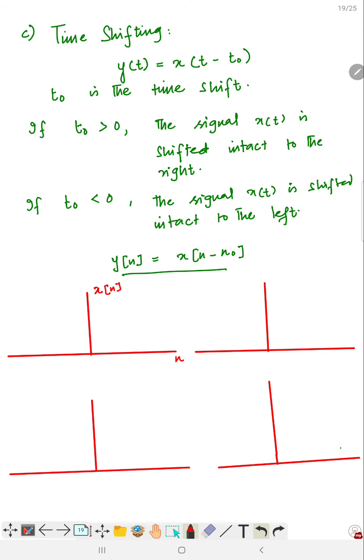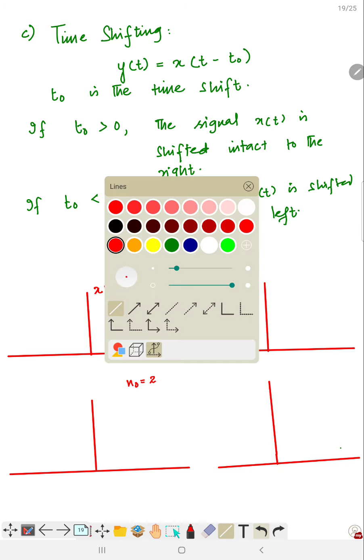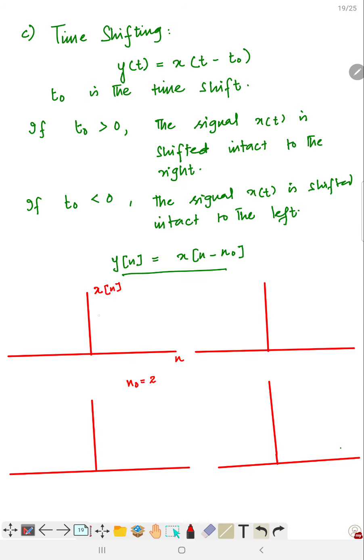Let's define n naught having some positive value. Fine. So for the first case, n naught has a value of say 2. Now let me arbitrarily define my original signal. Suppose it has sample values: this is 0, then suppose this is 1, then 2, then 3, then 4.